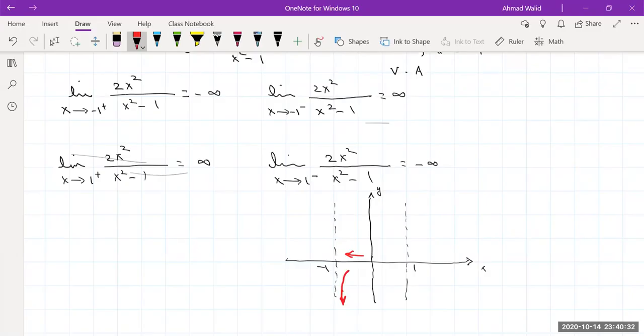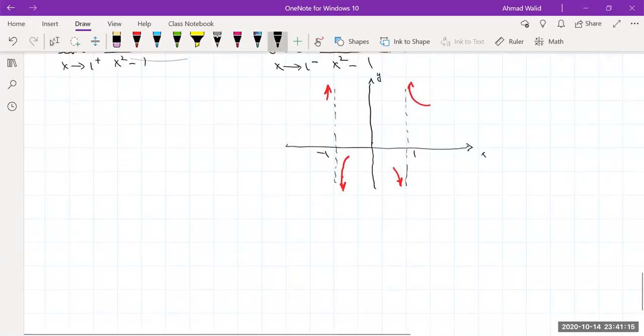When approaching -1 from the left, the function goes to infinity, so you have another part going like this. When you're approaching 1 from the right, you are going to infinity, so this part goes like this. And when you are approaching 1 from the left, you are going to negative infinity. If I remove these 2 arrows, which are extras, now I know kind of where the function goes. That's why you do limit.